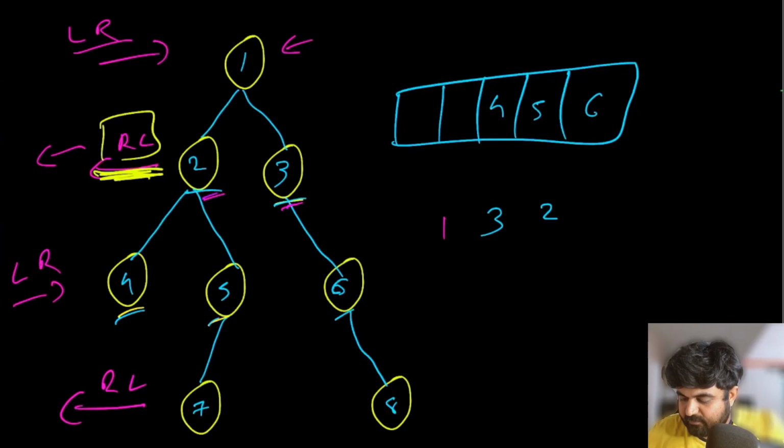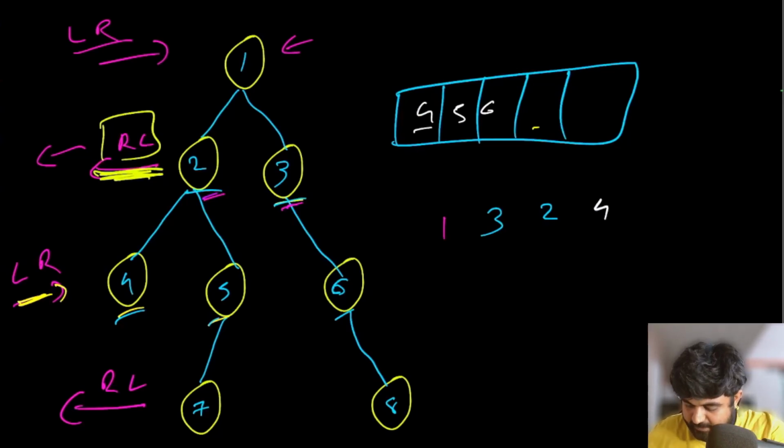And again, for 4 5 6, we need to do the same thing, but in the left to right fashion. So 4 5 6 are going to come out as themselves, but before that we are going to iterate through their children. 4 currently does not have a child, so we can pop it out without any repercussion. But 5 has a child, the value is 7, and 6 has a child, the value is 8.